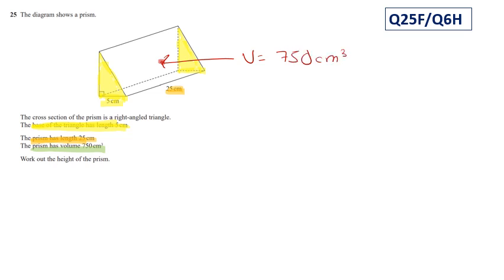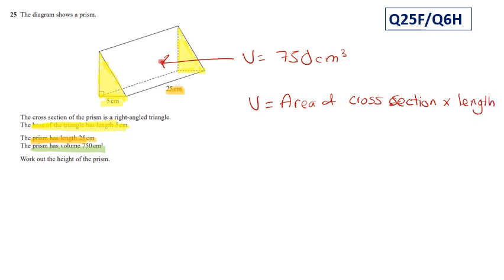Now, since this is a prism, to work out the volume of any prism, the formula is volume equals the area of the cross section times by the length of the actual prism.